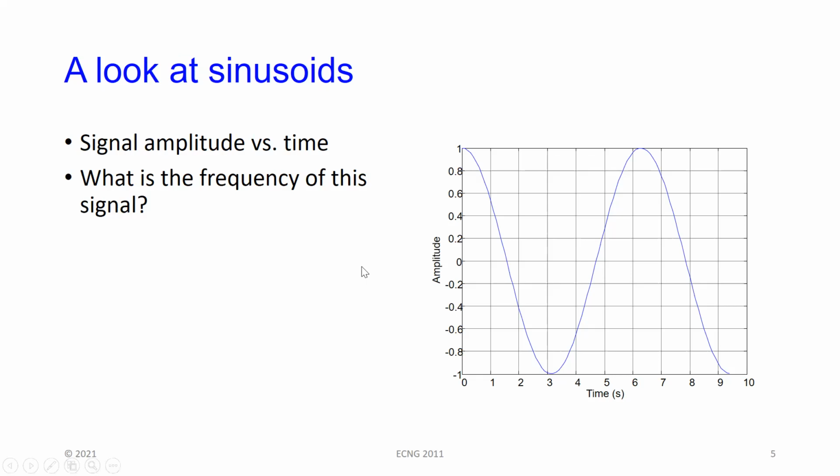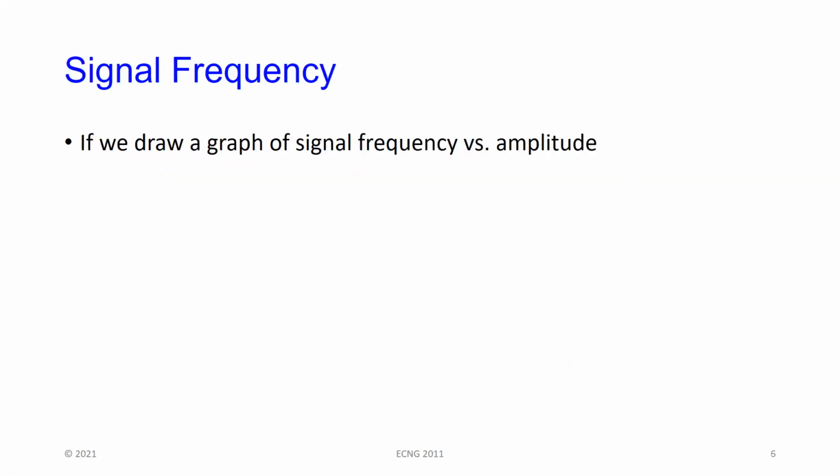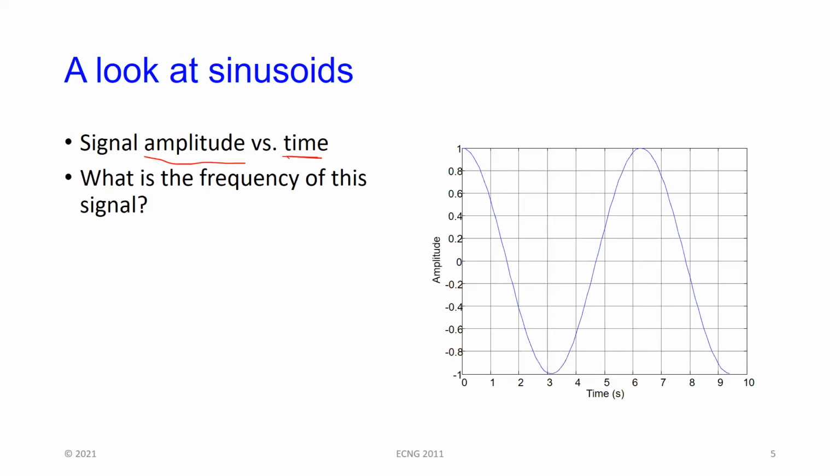Notice that this is signal amplitude versus time. If instead I were to ask you to draw a graph of signal frequency versus amplitude, what would that look like? So instead of the time axis here, you're going to have a frequency axis.